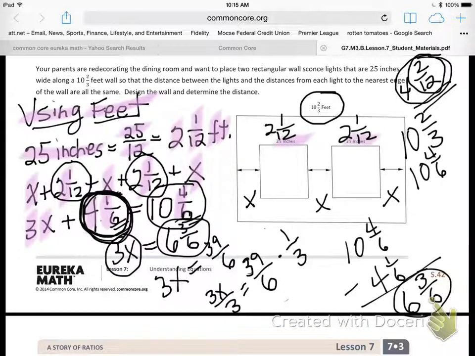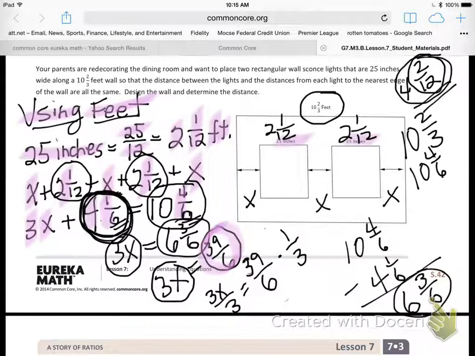Like I said, I know I'm going to be dividing here by 3 or multiplying by the reciprocal, which is 1/3. Those are the exact same processes. I am going to turn that 6 and 3/6 into an improper fraction, because improper fractions are our friends in algebra. They help us divide and multiply much more easily.